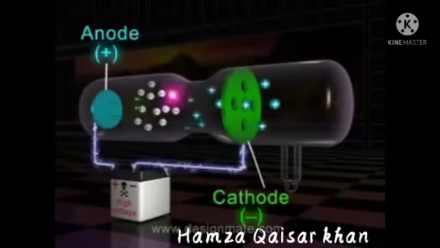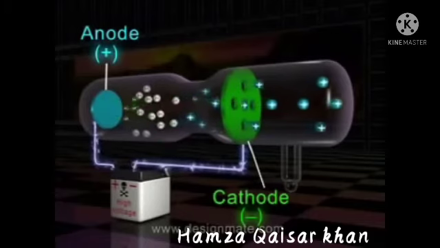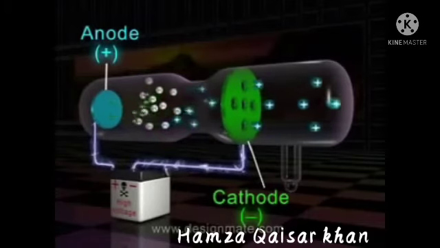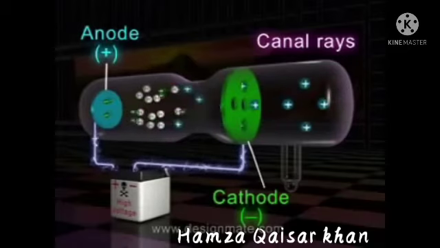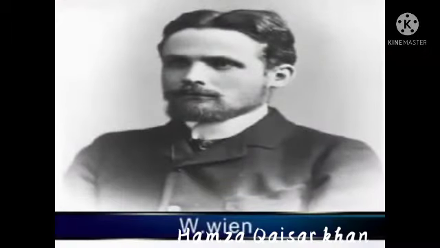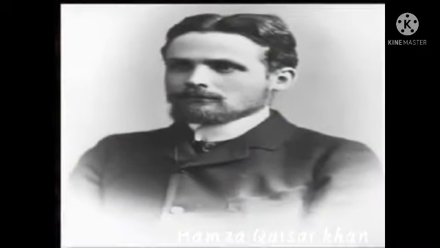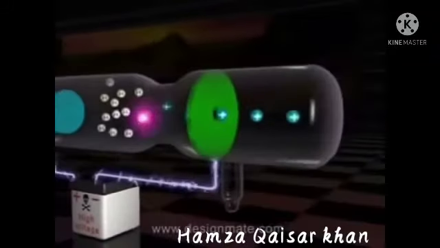As the positively charged particles pass through the holes or the canals in the cathode, they are called canal rays. W. Wien succeeded in deflecting the canal rays.